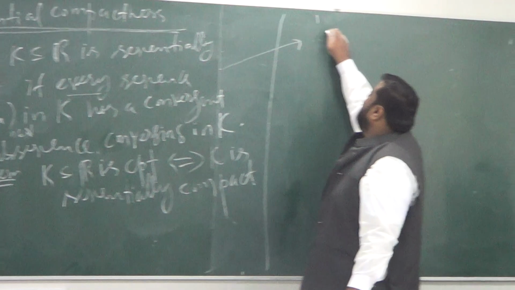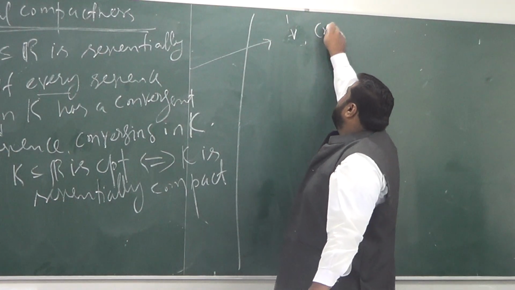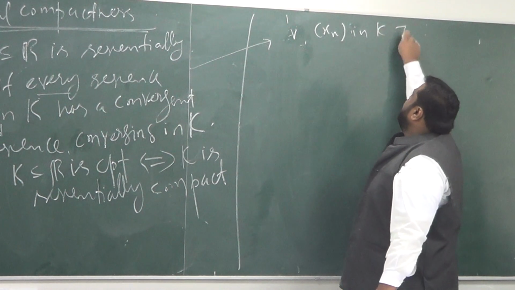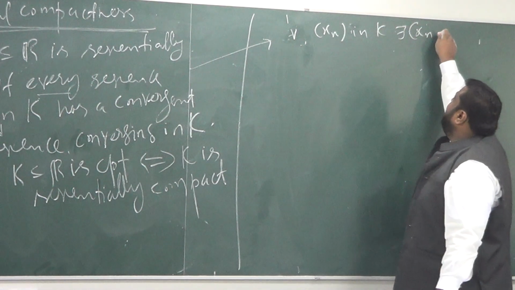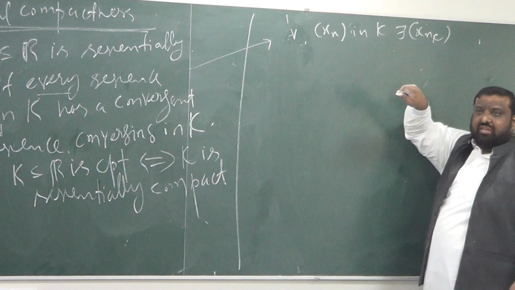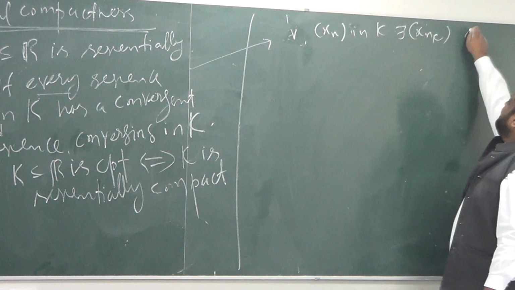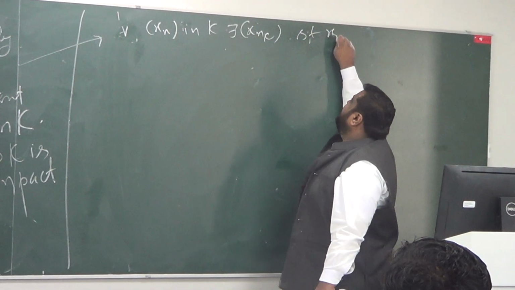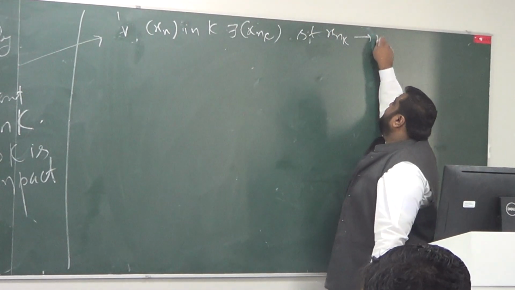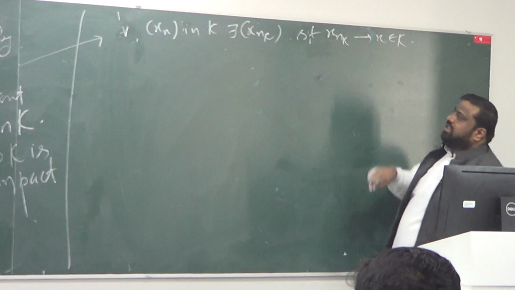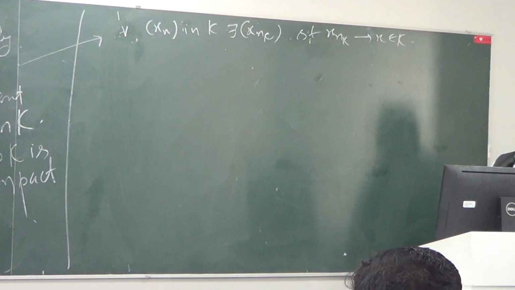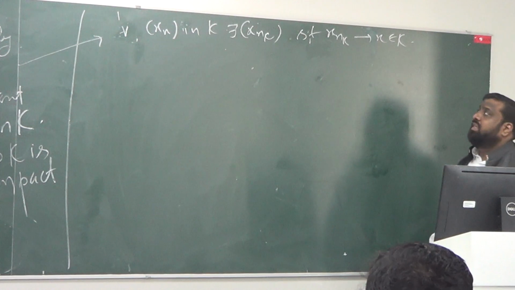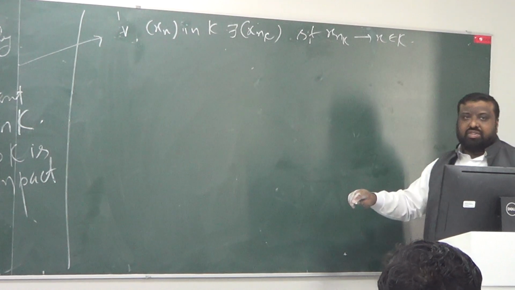That for all such sequences in K, there exists some x_{n_k} in K such that x_{n_k} converges to some x in K, as n goes to infinity, obviously. This is what sequential compactness is. It's a more precise way of putting it.